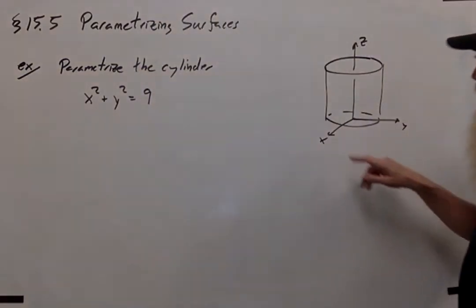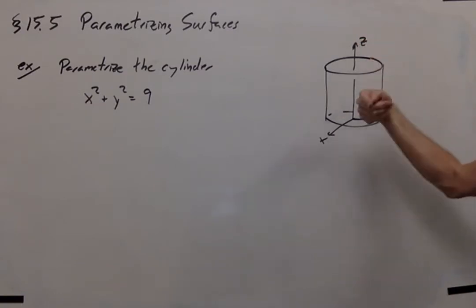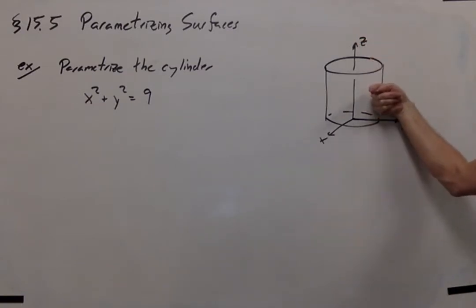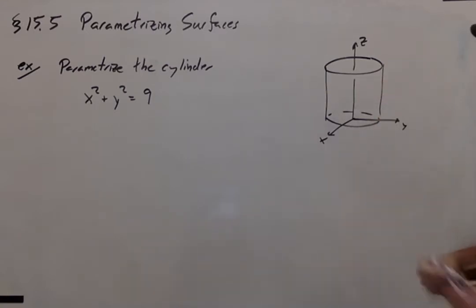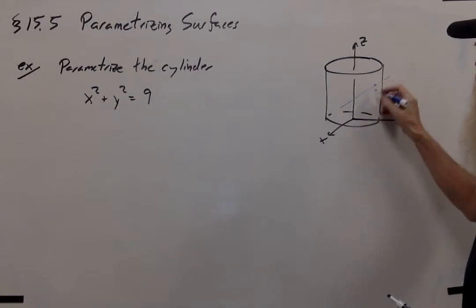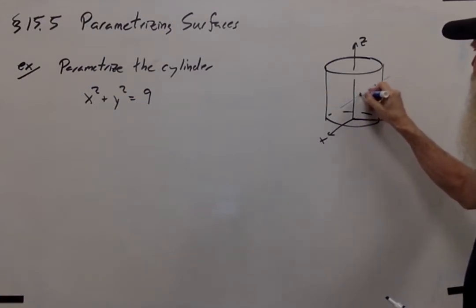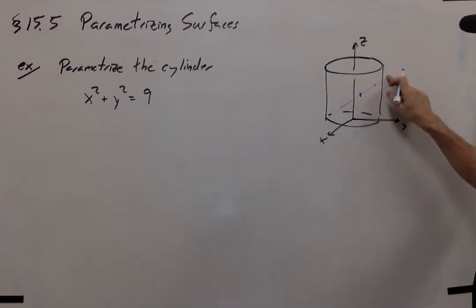If I tried to write x as a function of y and z, then I'd be applying a test where I drew a line parallel to the x-axis. And notice that a line parallel to the x-axis is going to pass through the back and through the front of the cylinder. So it would cross the cylinder twice.